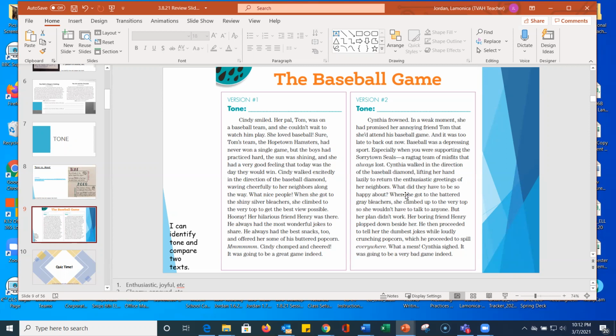When did they have to be so happy? What did they have to be so happy about? When she got to the battered gray bleachers, she climbed up to the very top so she wouldn't have to talk to anyone. But her plan didn't work. Her boring friend Henry plopped down beside her. He then proceeded to tell her the dumbest jokes while loudly crunching popcorn, which he proceeded to spill everywhere. What a mess. Cynthia sighed. It was going to be a very bad game indeed.